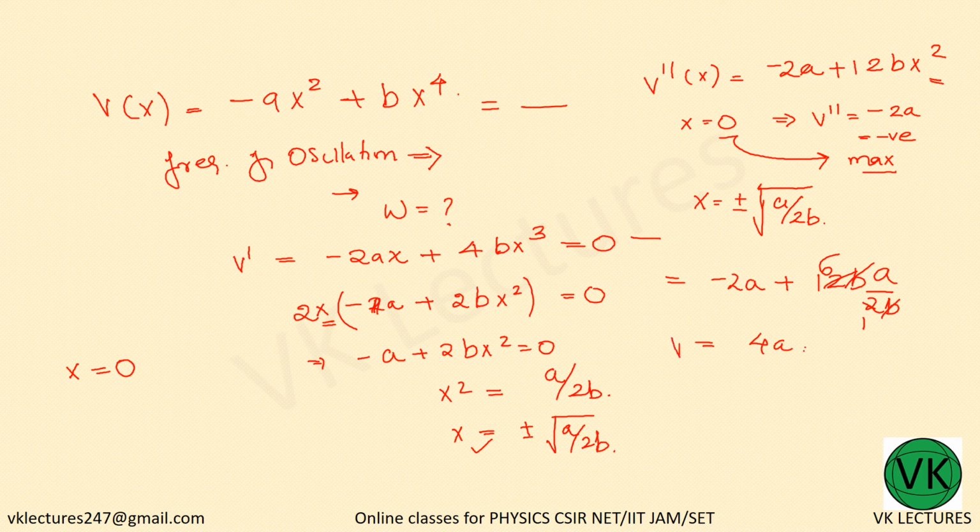Right. So v double dash we got as 4a. Now omega is nothing but under root v double dash by m, that is equal to under root 4a, and the mass is m. Mass will be given. Okay. So omega is equal to under root 4a by m.